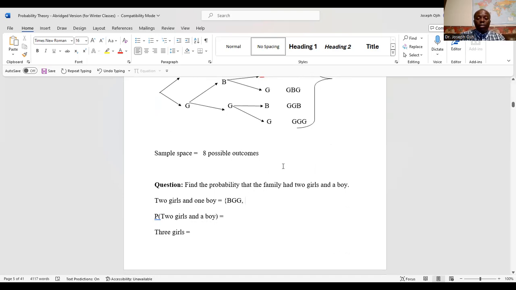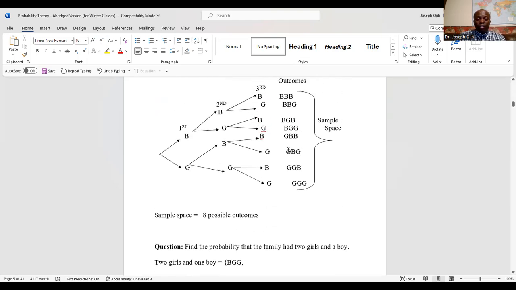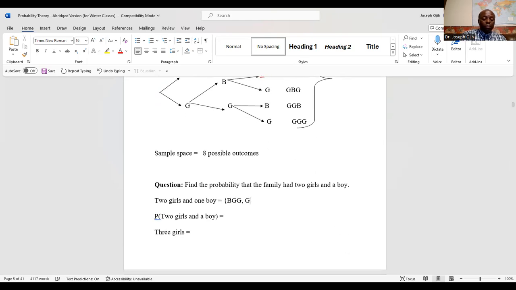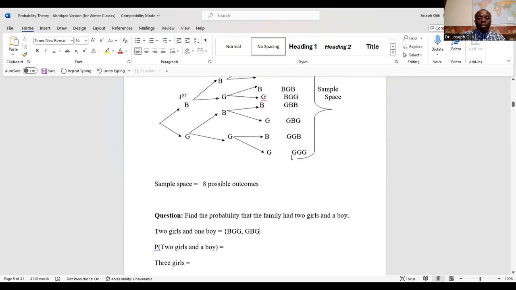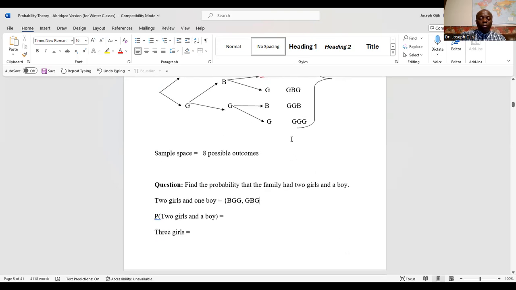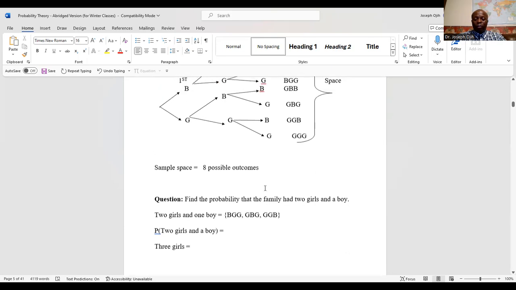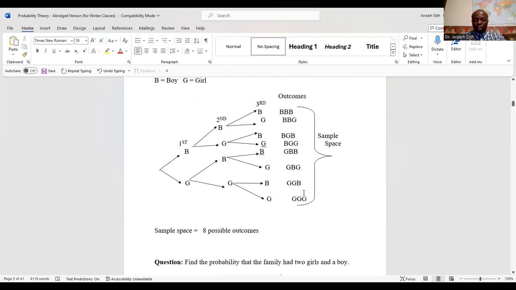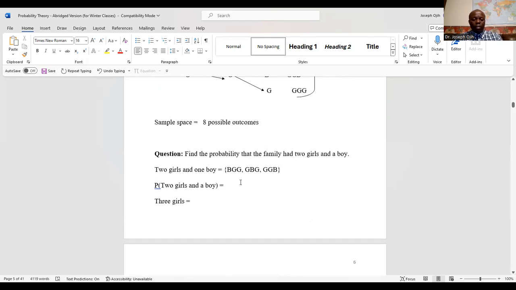The other one is GBG, that's 2 girls and a boy. The last one is GGB. So for the probability of getting 2 girls and a boy, there are 3 possibilities, 1, 2, 3, out of 8 possible outcomes. So the probability that they have 2 girls and a boy becomes 3 out of 8.